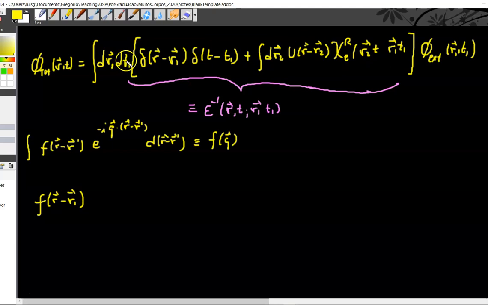What we're integrating here is the integral over r2 of u(r minus r2) times this correlation function, which will be a function of r2 minus r1. Notice this.